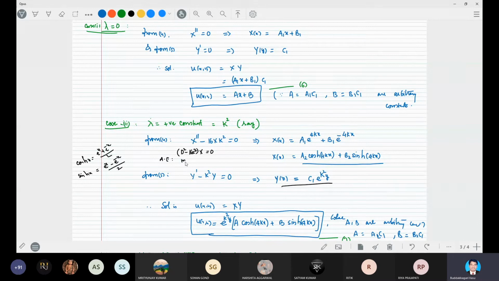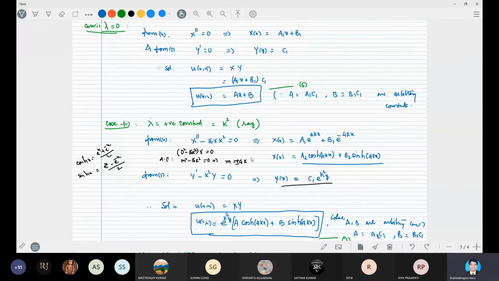That implies m is equal to plus or minus 4k. If the roots are real and distinct, what will be the solution? C1 e power m1x plus C2 e power m2x, right?